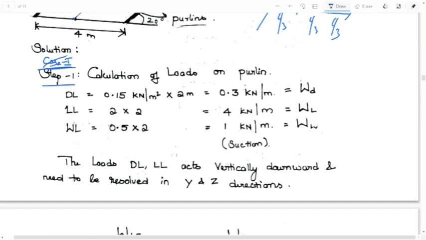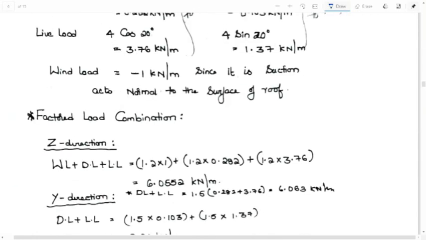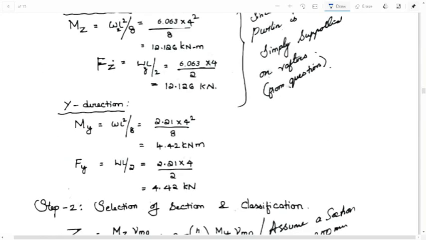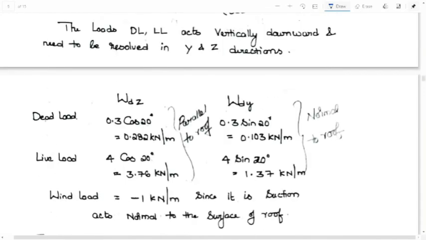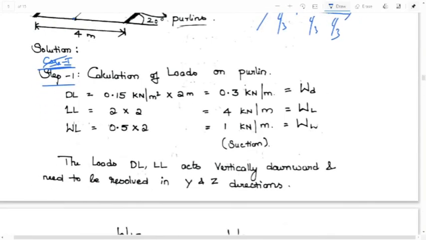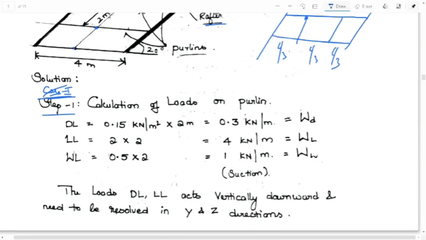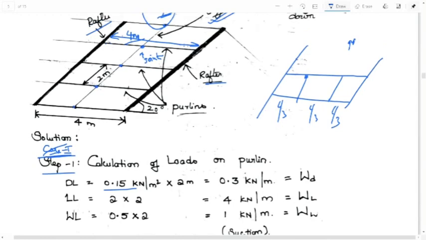Of course, this calculation of the load is common to all, so let us calculate that first. See, this is the dead load that is coming onto this roof.